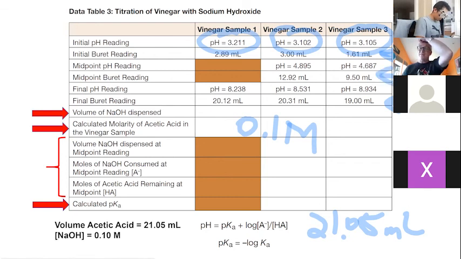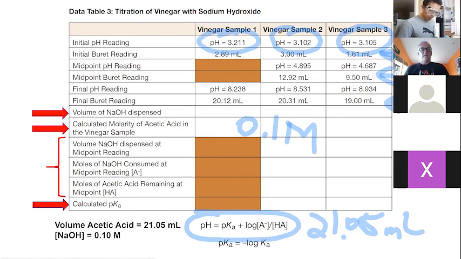So take that volume, 9.5 minus 1.61, figure out how many moles of sodium hydroxide were present then, how many moles of acetic acid were present at that point, and then you use this formula to determine what the pKa is, because they give you what the pH was midway through.